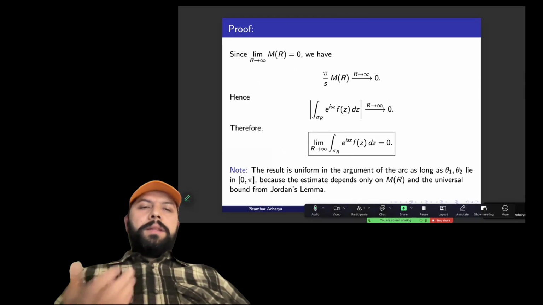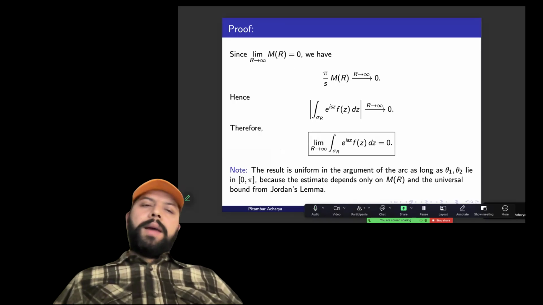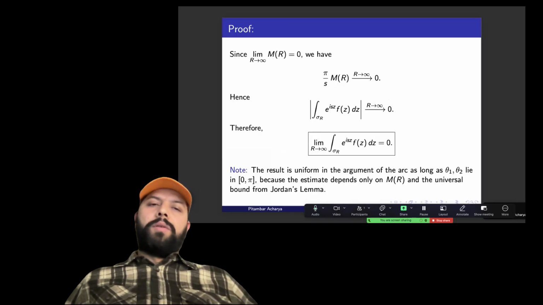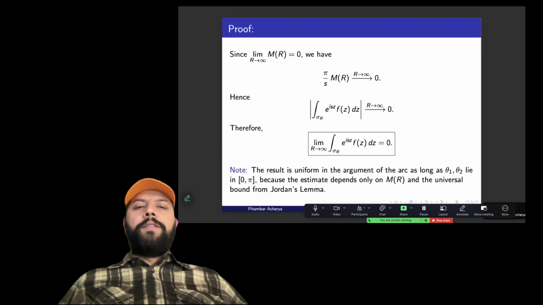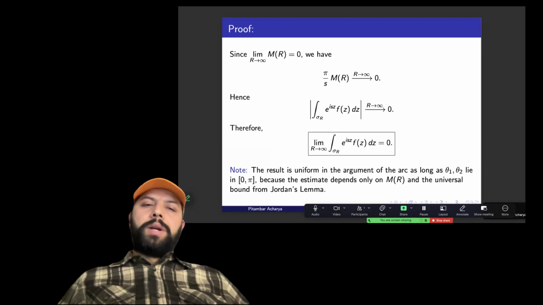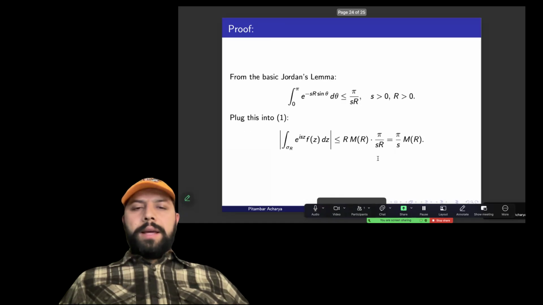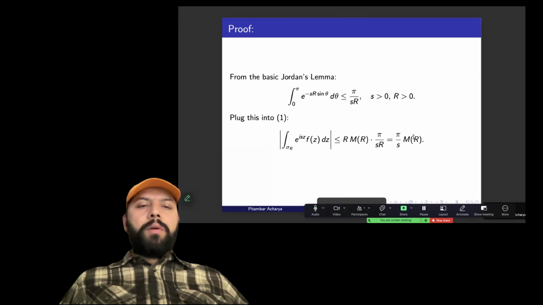By the hypothesis, when R tends to infinity, M R is equal to 0, that means the maximum value of the absolute value of function f goes to 0. If this limit holds, then this right hand side approaches 0.